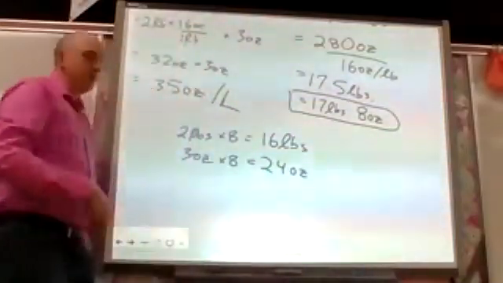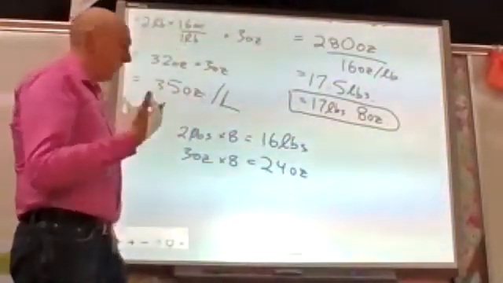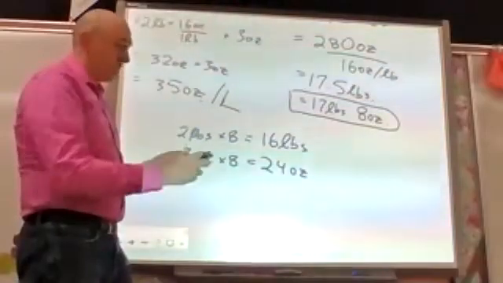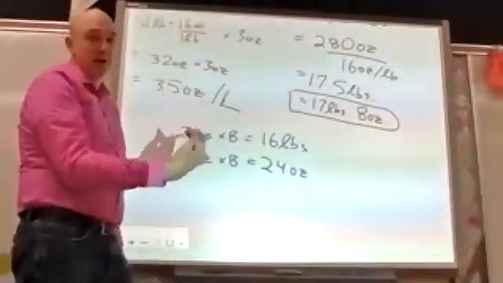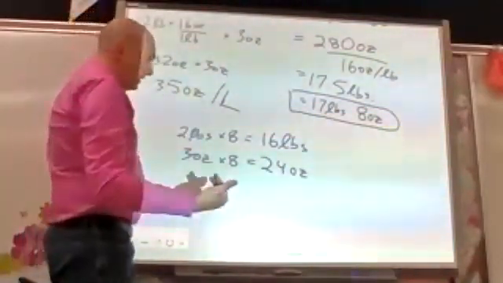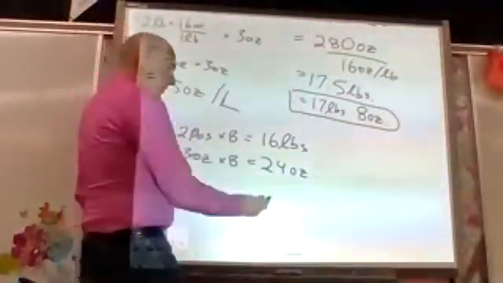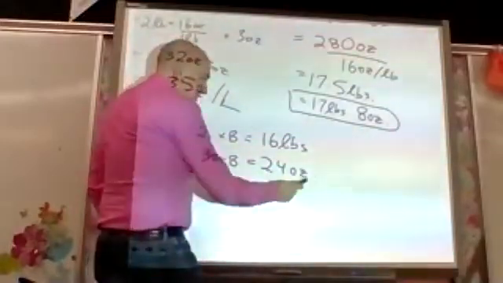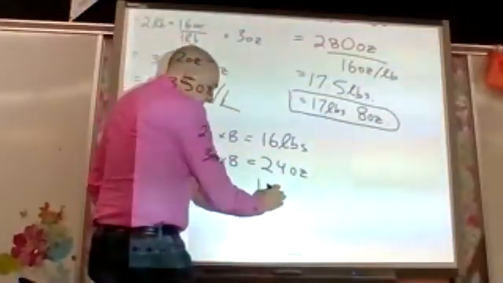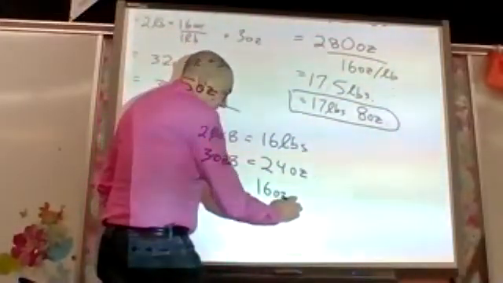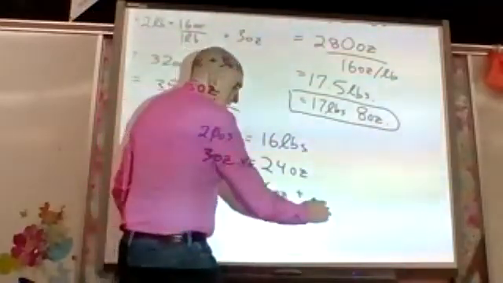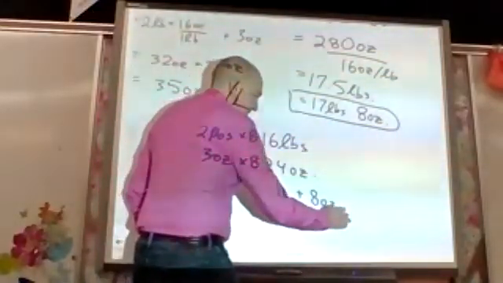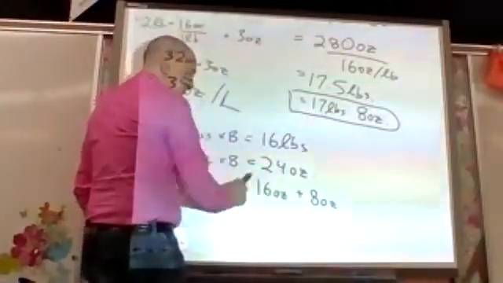And just like we saw in the previous question, where we had the two babies' weights we added together and we got 19 ounces, that was bigger than a pound, so we had to convert it into pounds and ounces. Well, 24 ounces is bigger than 1 pound. So 24 ounces, we can split into 16 ounces, that's 1 pound, plus 8 ounces, right? 24 equals 16 plus 8.